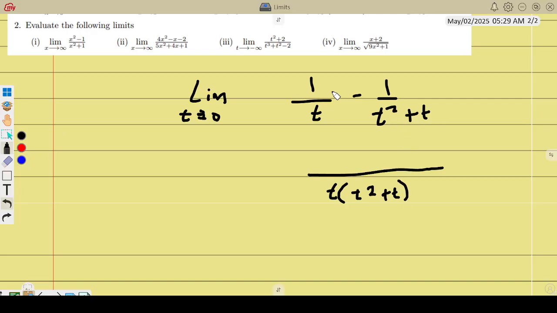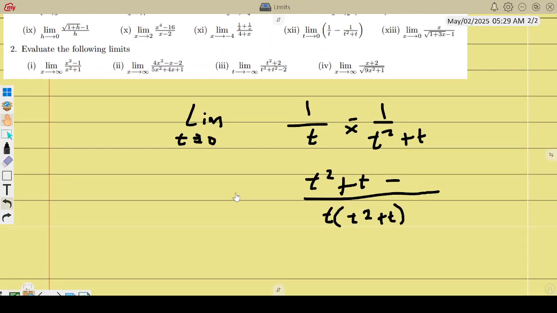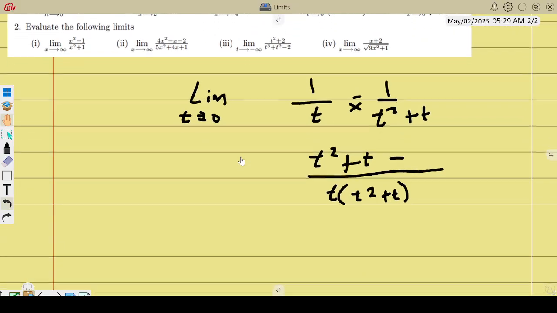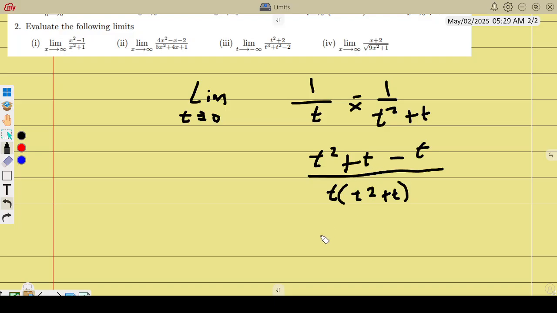So t squared plus t times 1, we're going to cross multiply, we're going to have t squared plus t. We have a, is it plus or minus? So t minus t, we have a t minus a t.